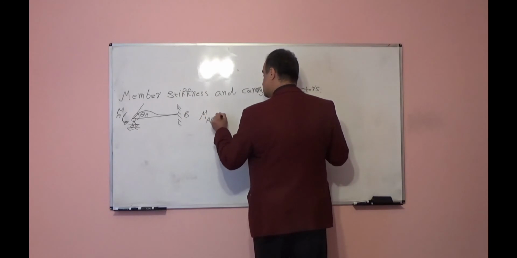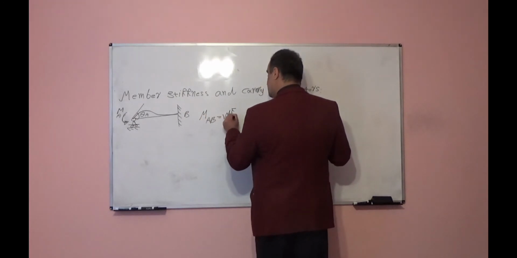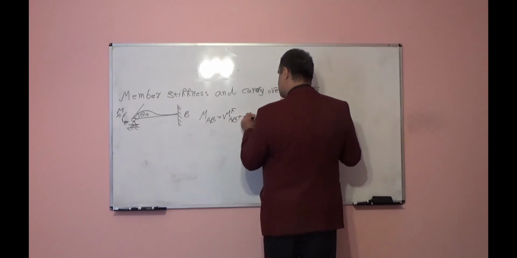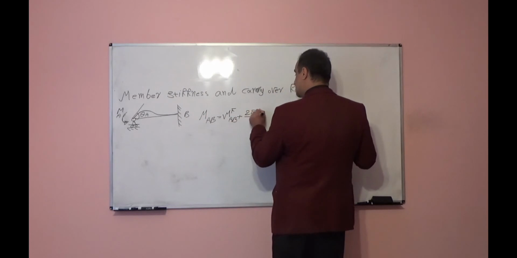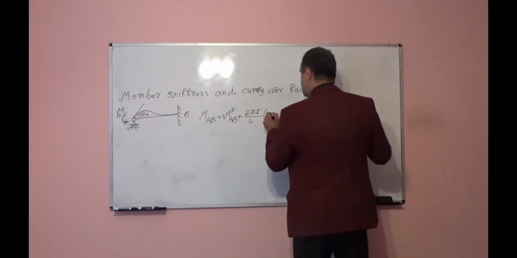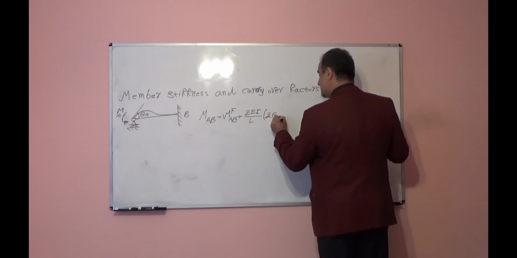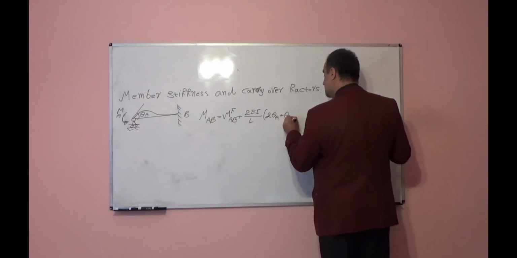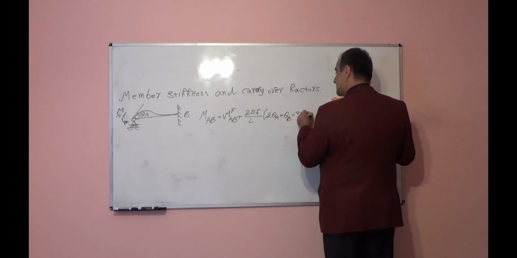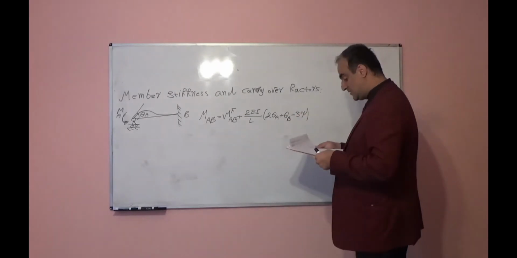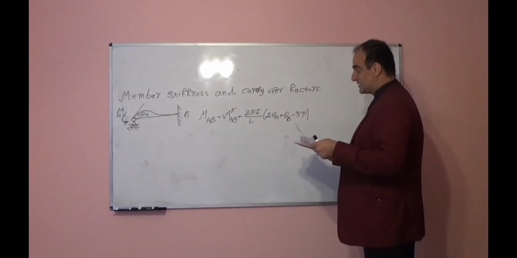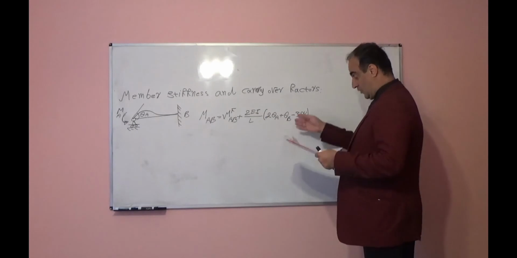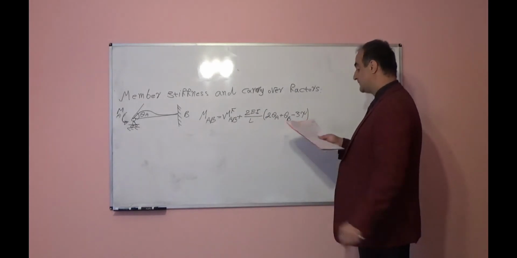MAB is equal to M fixed AB plus 2EI over L times (2 theta A plus theta B minus 3 psi). We know this slope deflection formula. I proved it before.